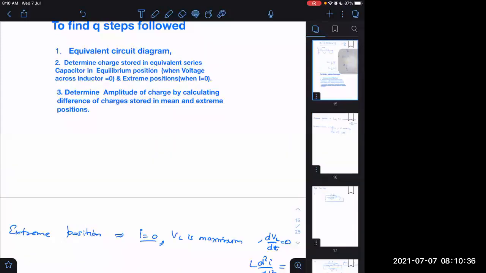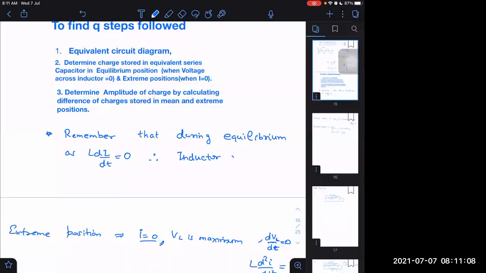Remember that during equilibrium, as L into di by dt is equal to 0, therefore the inductor momentarily acts as a conductor, acts as a conducting wire.